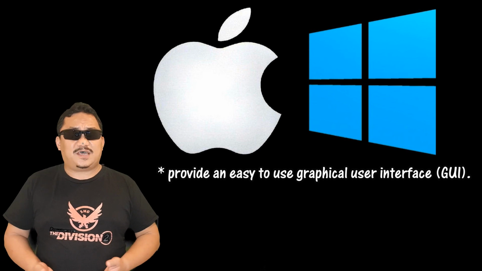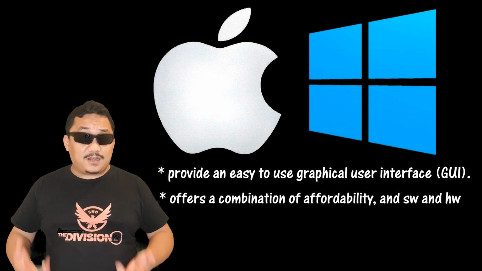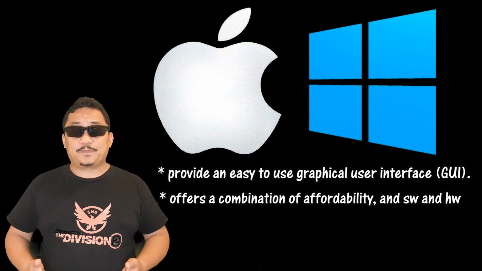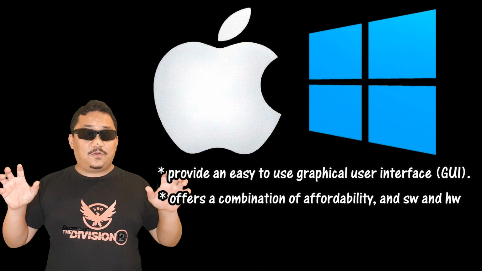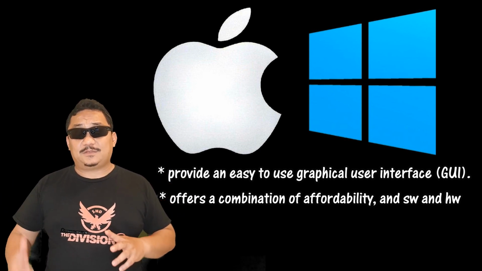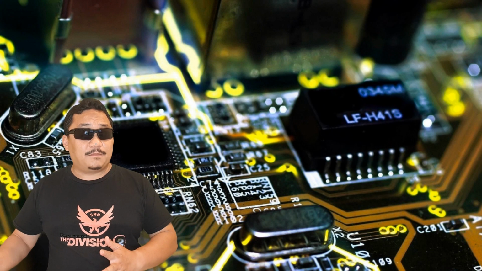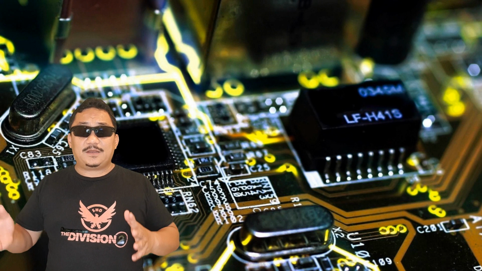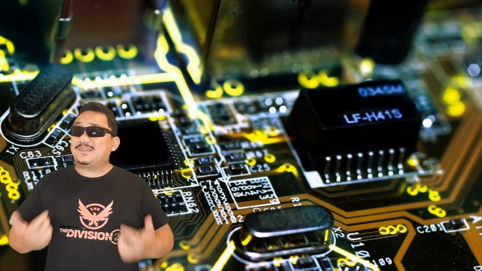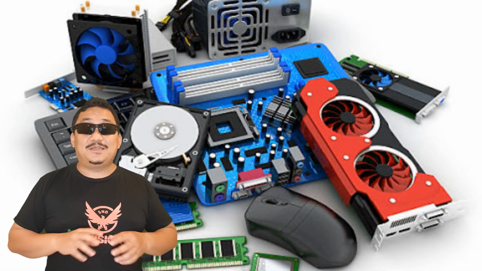The Macintosh, as well as the Windows PC, offers a combination of affordability and software and hardware availability. But of course, between these two, the Macintosh platform is better suited for multimedia production compared to the Windows platform. But on the other side, if you are using Windows, it is easier for us to mix and match devices.